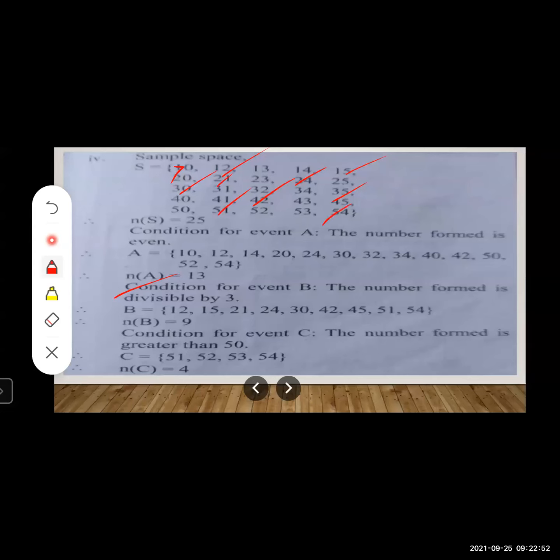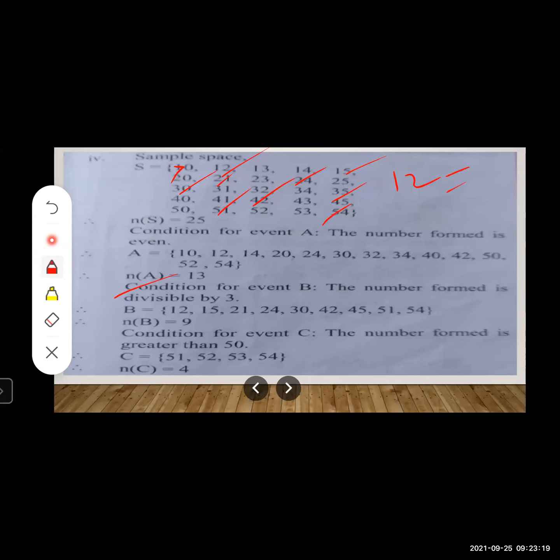See students, one more trick I want to give you here. You can use the test of divisibility of 3. What I'm advising is to use this trick for 3-digit numbers. For 2-digit numbers, you know the table of 3, so it's not necessary, but I'm just telling you what the test of divisibility of 3 is.